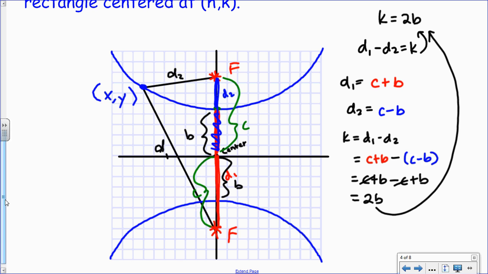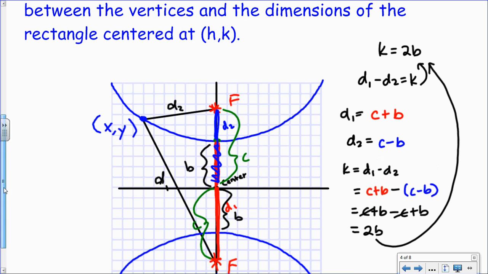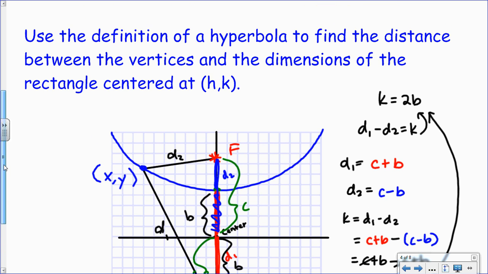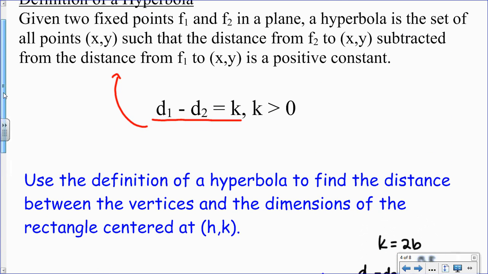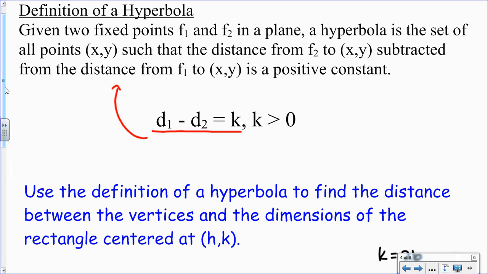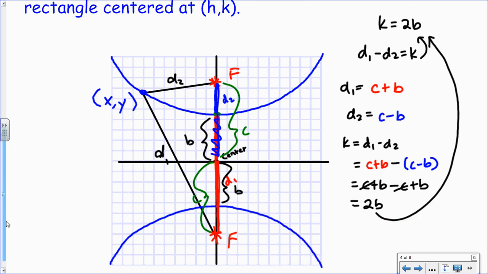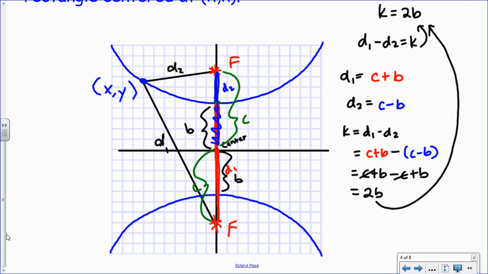All right, so I know K equals 2B. Okay, I'm going to use this information to actually work through a problem now.